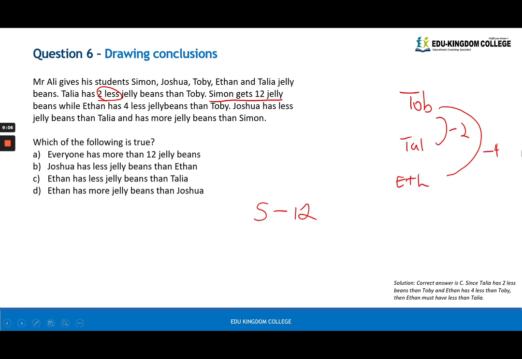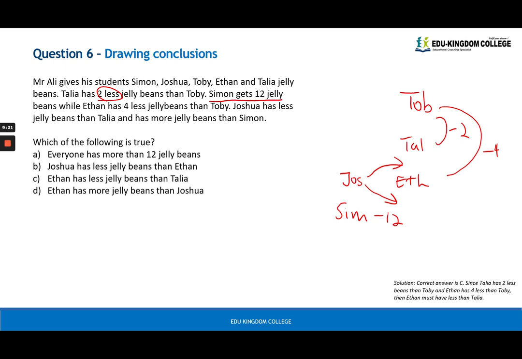Joshua has less jelly beans than Talia and has more jelly beans than Simon. So I don't know where Josh sits. Josh might be here, he might be here, but he definitely has more than Simon. So Simon, who has 12, will be below Joshua. So by using that diagram, let's see which one is definitely true. Everyone has more than 12 jelly beans.